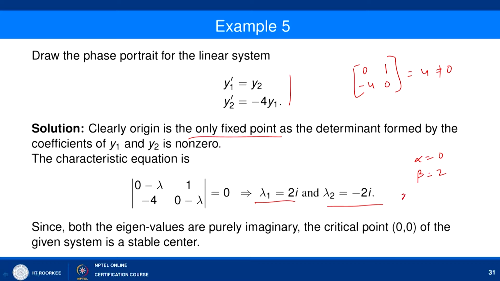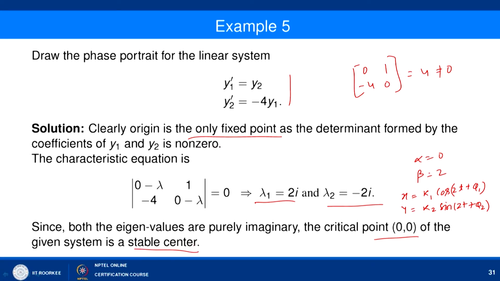So, we can say that your solution x is written as k 1 cos of 2t plus phi 1, and y is written as k 2 sin of 2t plus phi 2, right. And so, since the eigenvalues are purely imaginary, we can simply claim that the critical point 0 comma 0 is a stable center here.